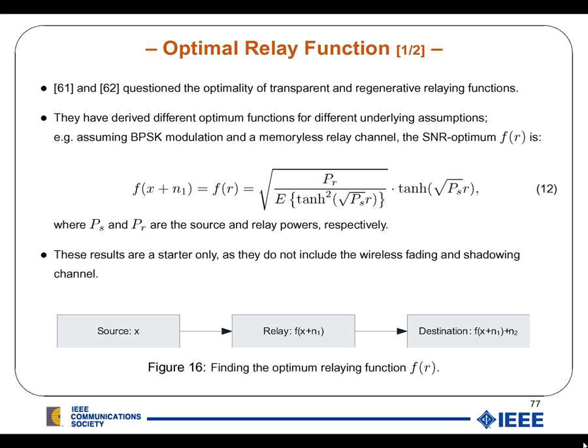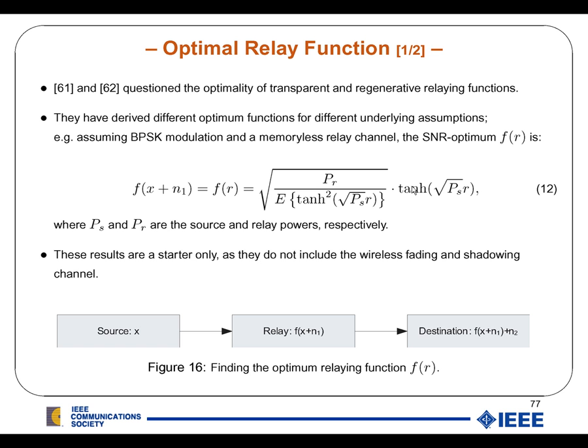So they came up with an optimum function which is valid for the configuration where you have a source X transmitting to a relay which performs a certain relay function fx plus a certain n1, and that goes to the destination here, where the destination adds its own noise n2.